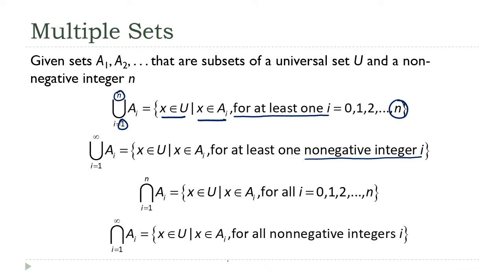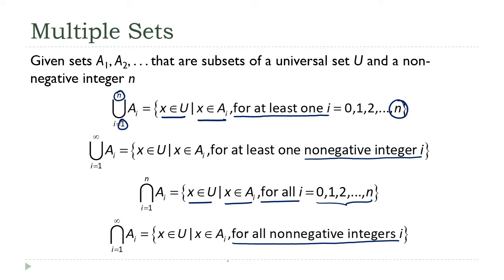And the intersection goes in a very similar, very predictable way. The intersection is the set of all elements of that universal set such that x is in A sub i for all i in our range, or just for all non-negative integers in the infinite case.